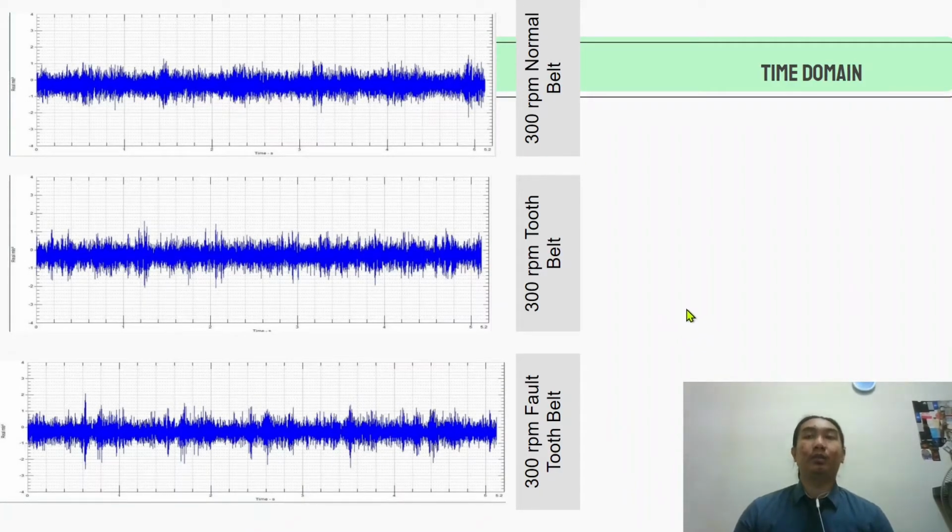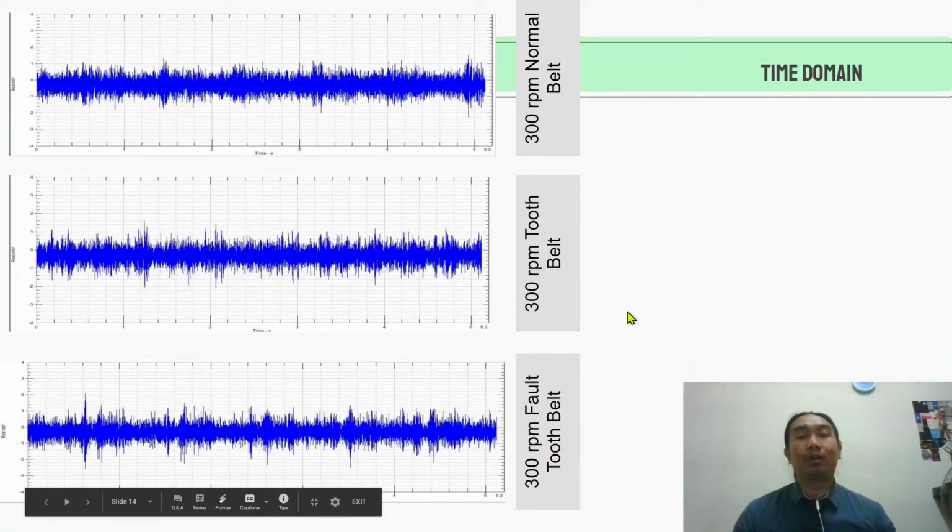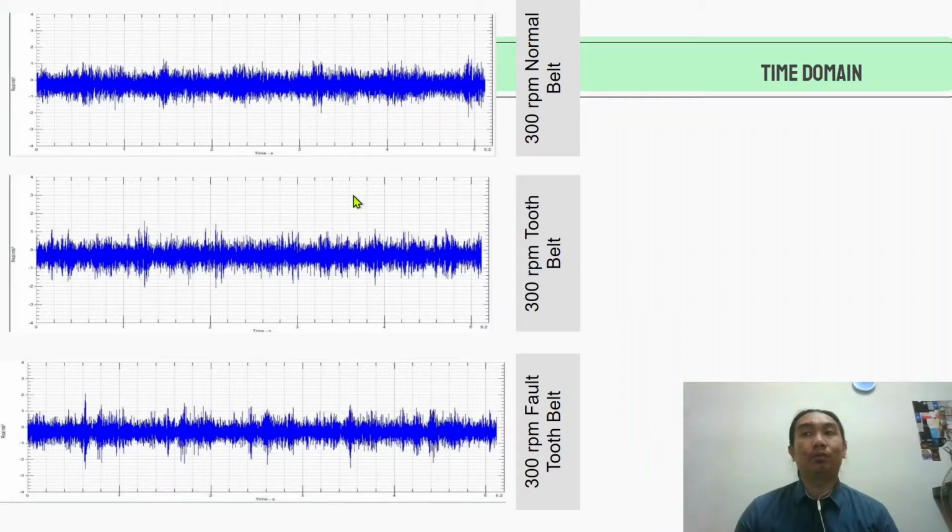As for time domain, in the spectrum, we can see there are 3 types of spectrum for 300 RPM. The waveform will be consistent and often sinusoidal because of the normal belt.